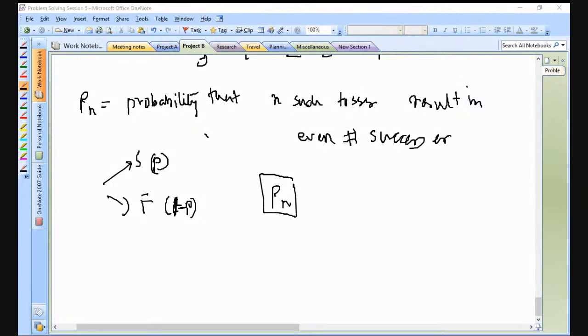Each independent trial can result in a success with probability P and a failure with probability 1 minus P. So what is the probability that such n tosses result in an even number of successes? That's my question.